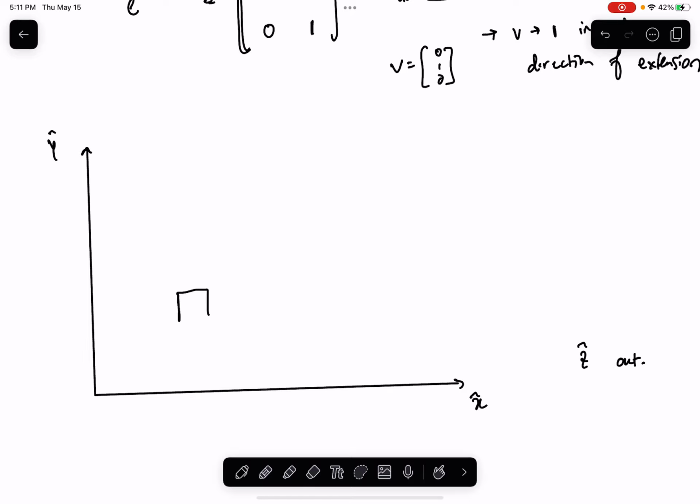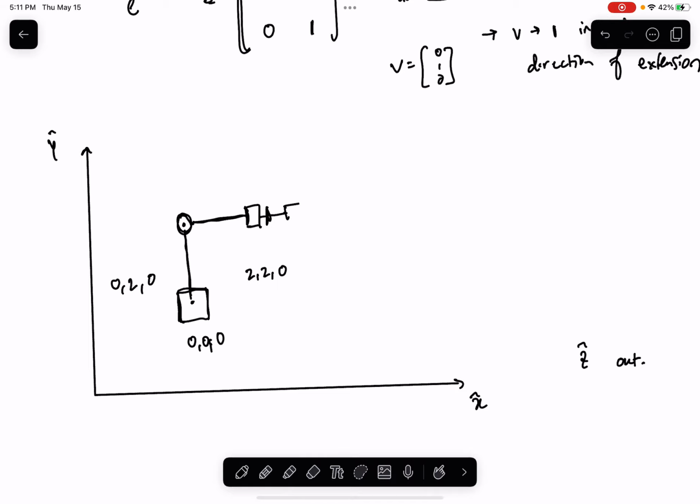And we have our base located at the origin, 0, 0, with a revolute joint located at 0, 2, so 2 in the y direction, and a prismatic joint located at 2, 2, 0, going in the x direction.